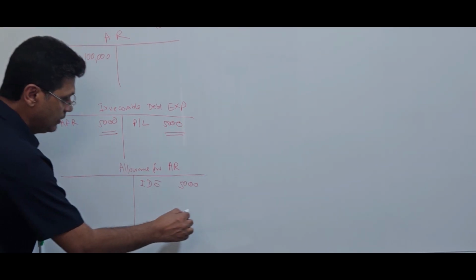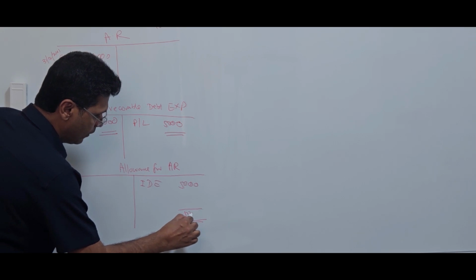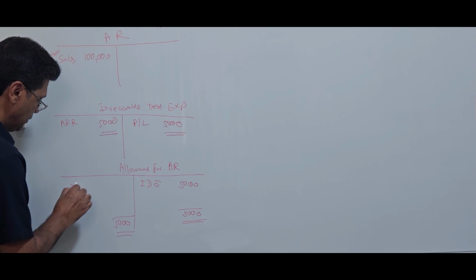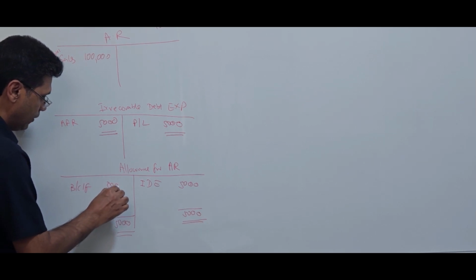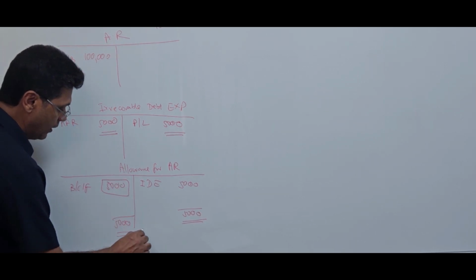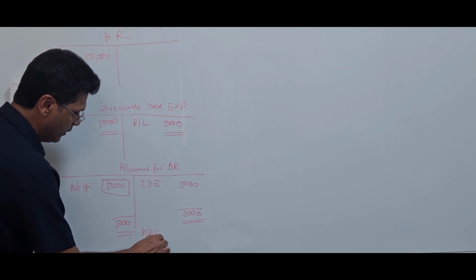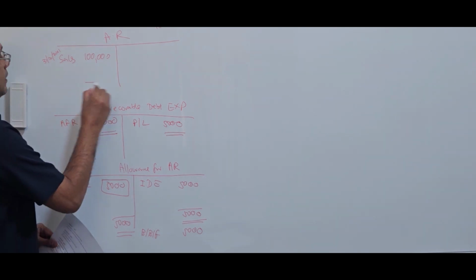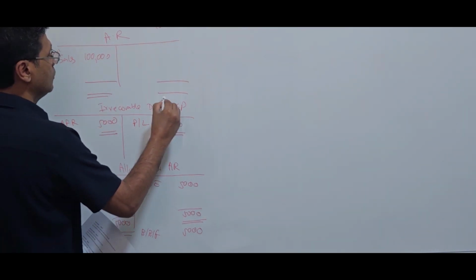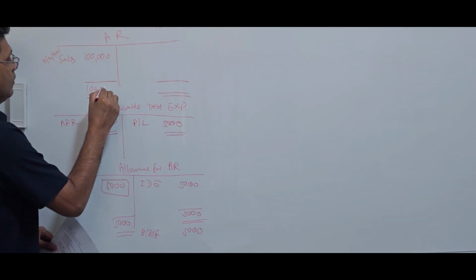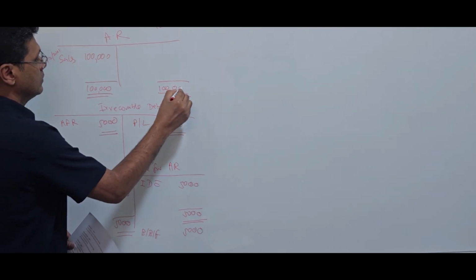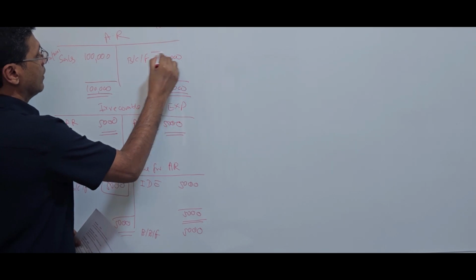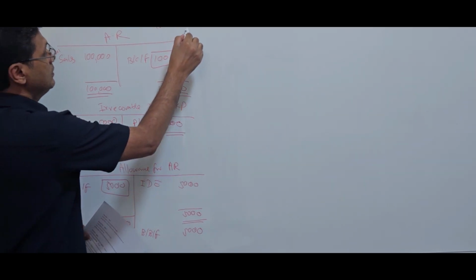So this account will be balanced, 5,000 balance carried forward to the next financial period, balance brought forward 5,000, right? In the same way, the 100,000 also will be transferred, balance carried forward 100,000 to the next financial period. So this is the first year.